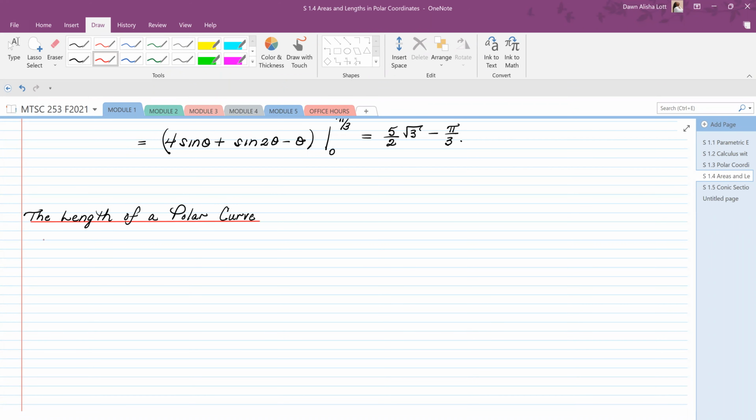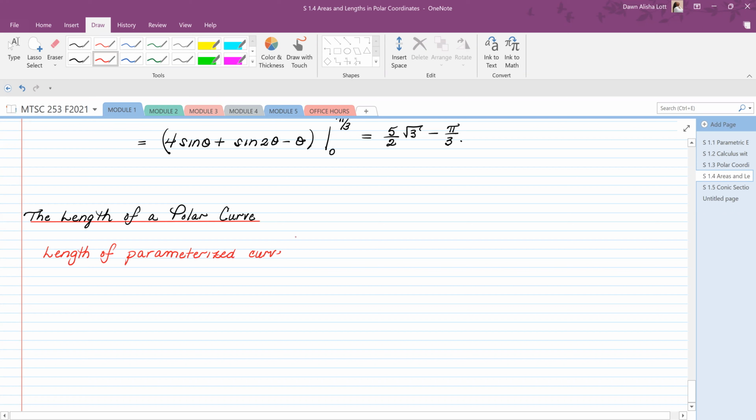The length of a parameterized curve is L equal to the integral from alpha to beta of the square root of x prime of t squared plus y prime of t squared dt. With the polar curve, we parameterize it slightly differently.